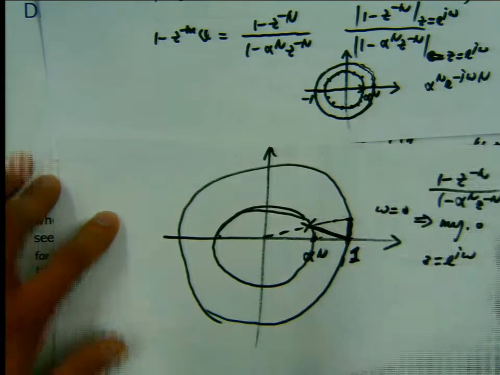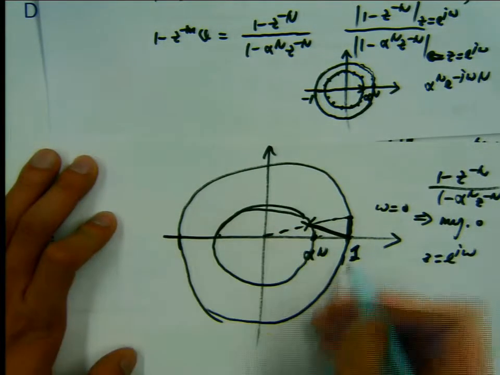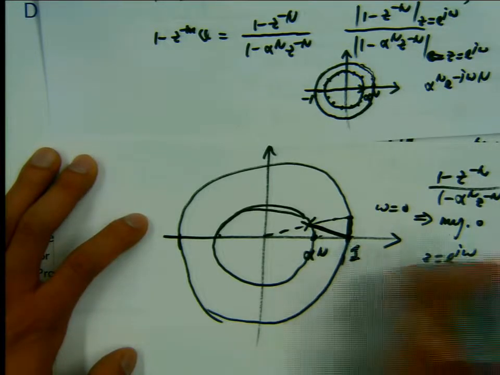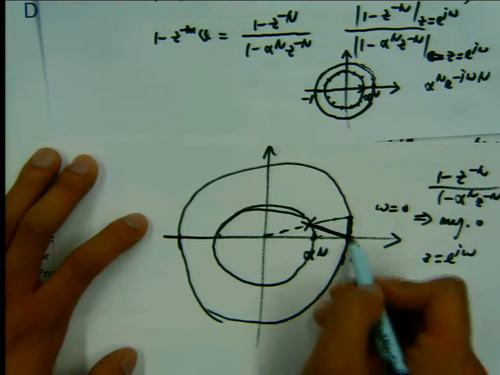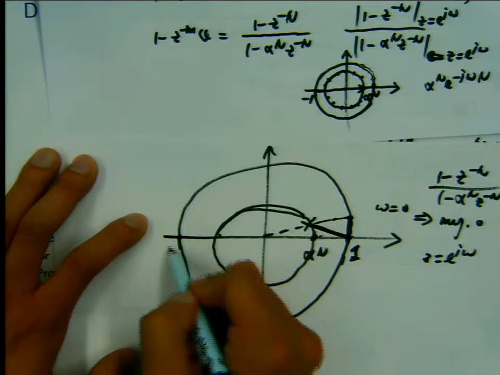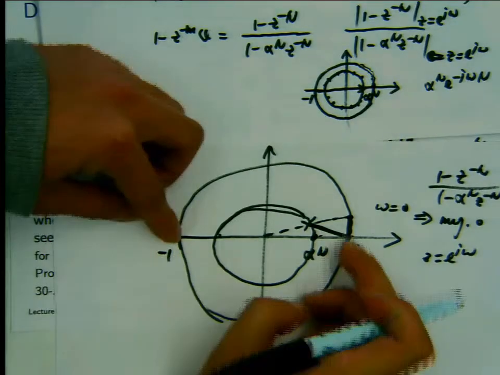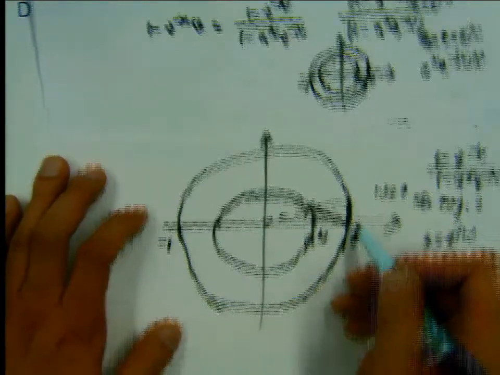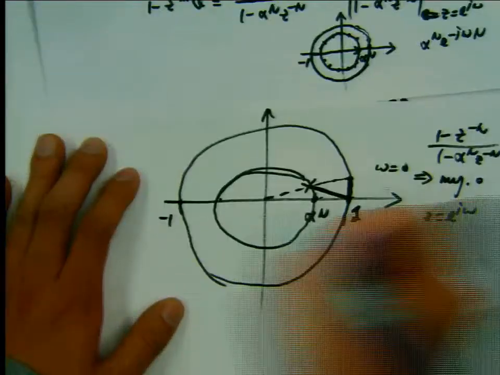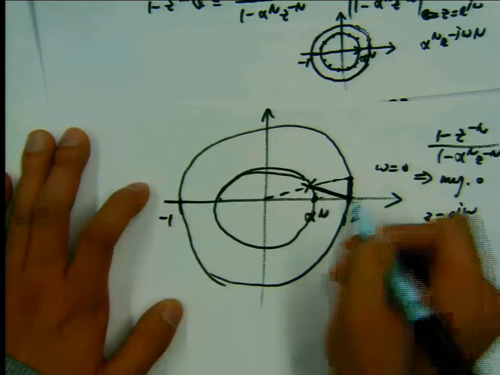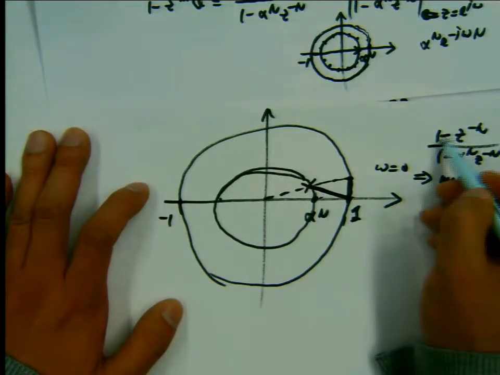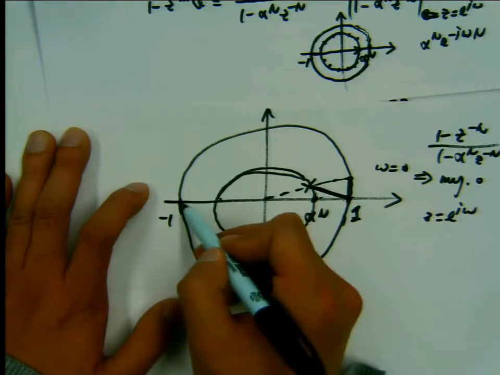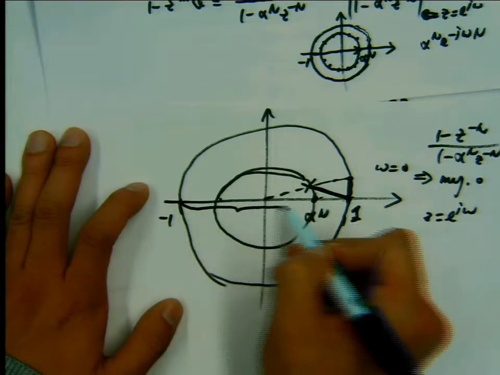Let me do the extreme case. So we see from last time that the maximum magnitude for 1 minus z^{-n} is this point minus this point, the -1 point. So the maximum magnitude is here. Now, take a look at the case, what will be now the magnitude at this frequency? So I have the numerator 1 minus z^{-n}, is this length.